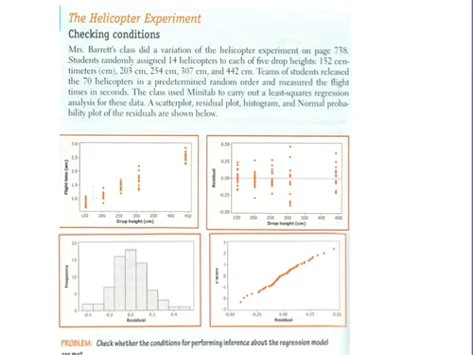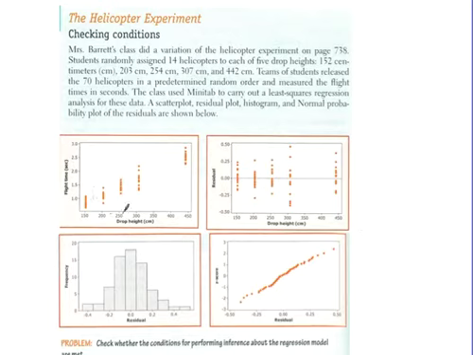Teams of students released the 70 helicopters in a predetermined random order and measured the flight times in seconds. The class used Minitab, which you saw last week, to carry out a least squares regression analysis for these data. A scatter plot, residual plot, histogram, and normal probability plot of the residuals are shown below.